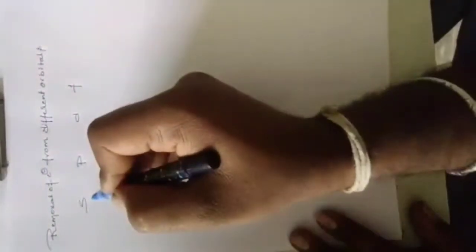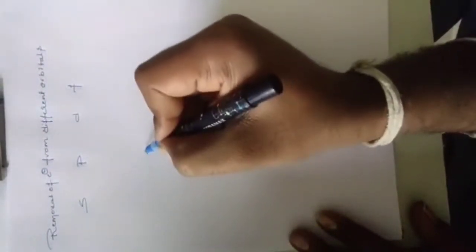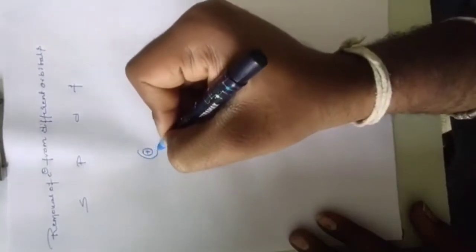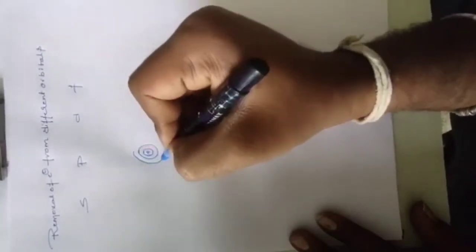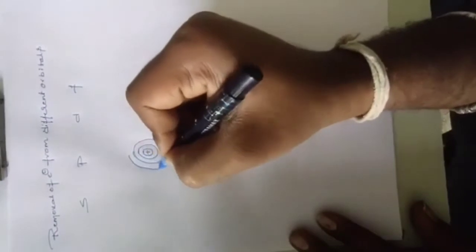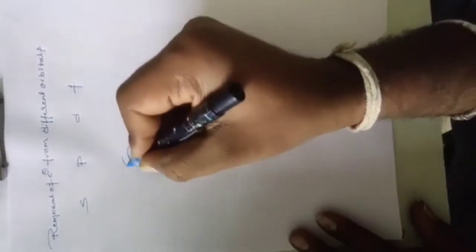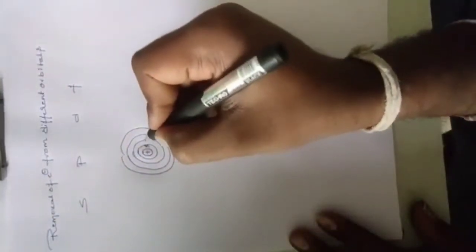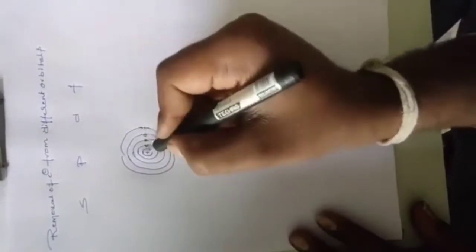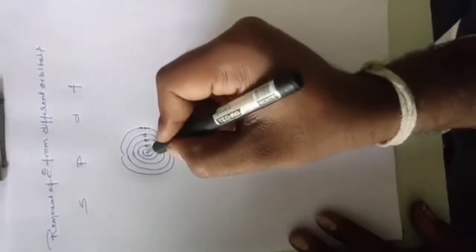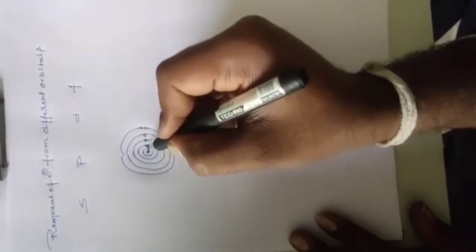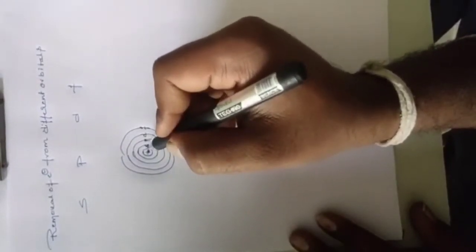Why, sir, is it more in s? Because from the nucleus the order is s orbital, p orbital, d orbital, f orbital. The s orbital is nearest to the nucleus.